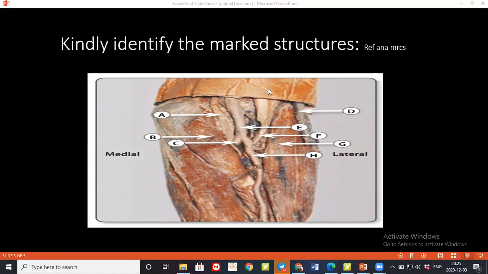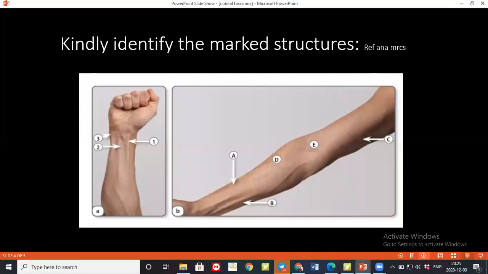At the wrist, which tendon lies lateral, or radial, to the median nerve? So we have the tendon of the flexor carpi radialis. Very good.